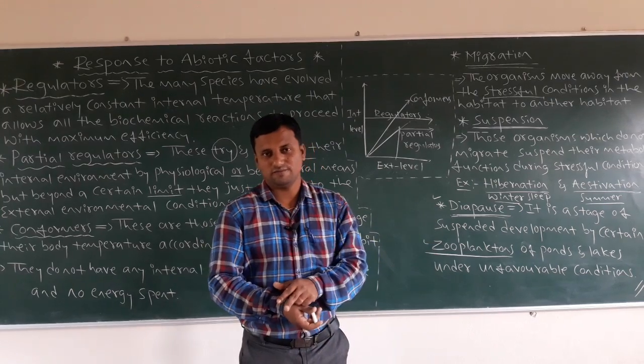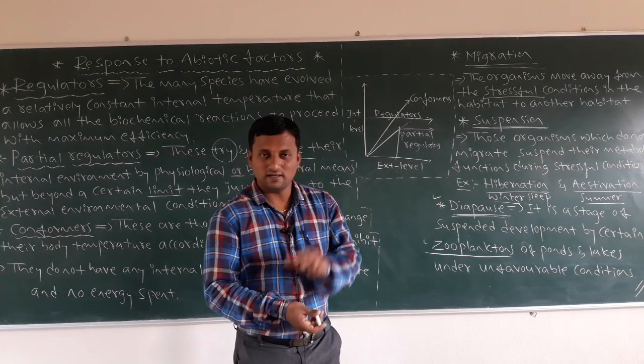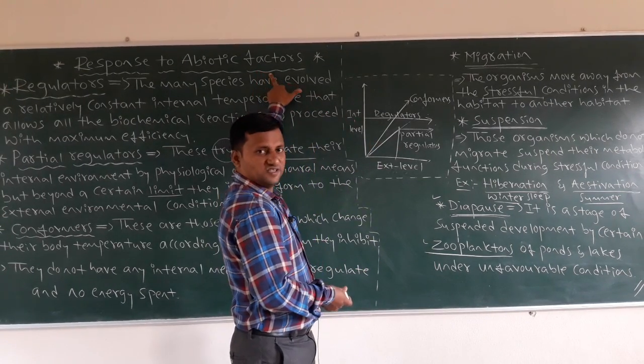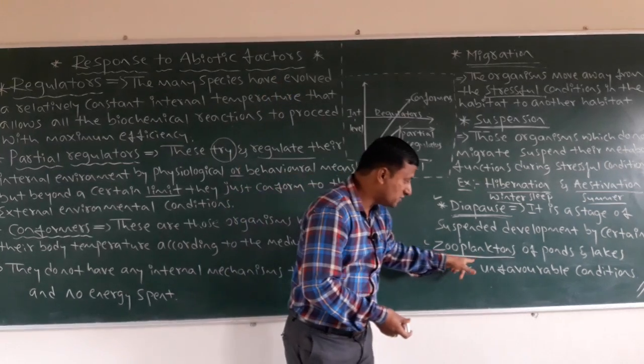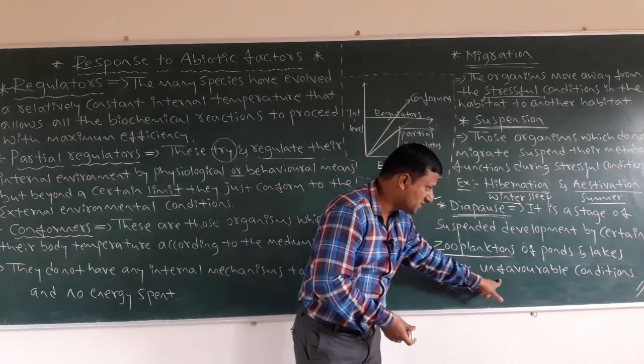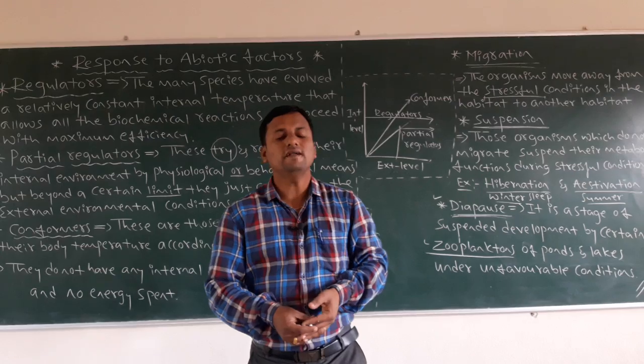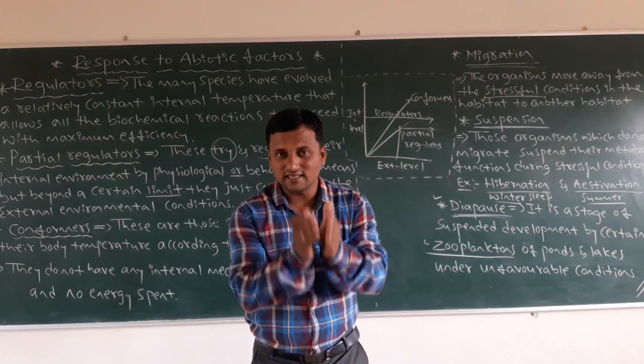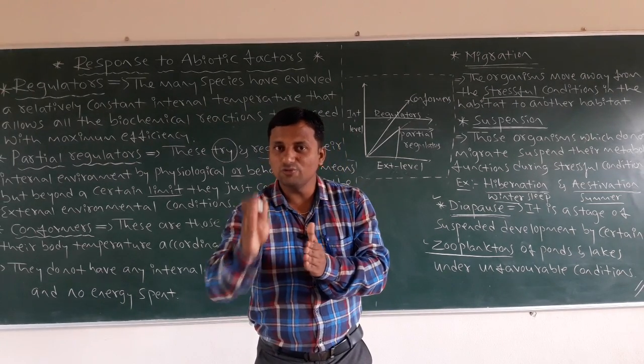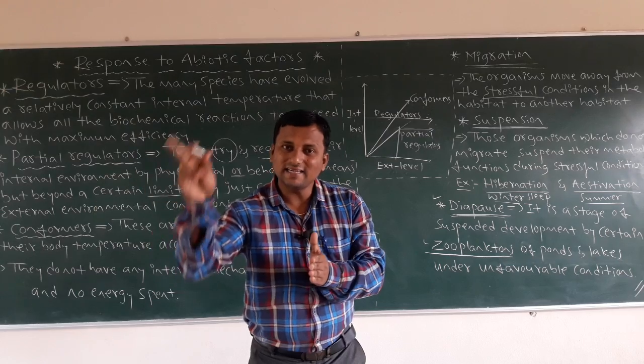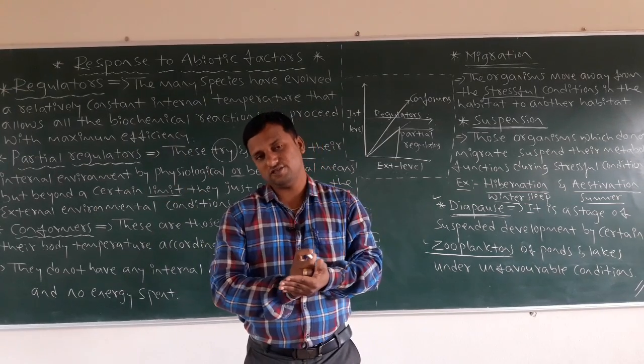Those also face problems from abiotic factors, but they give the response even under unfavorable conditions. If the condition is not good for them, in that situation also they give the response.